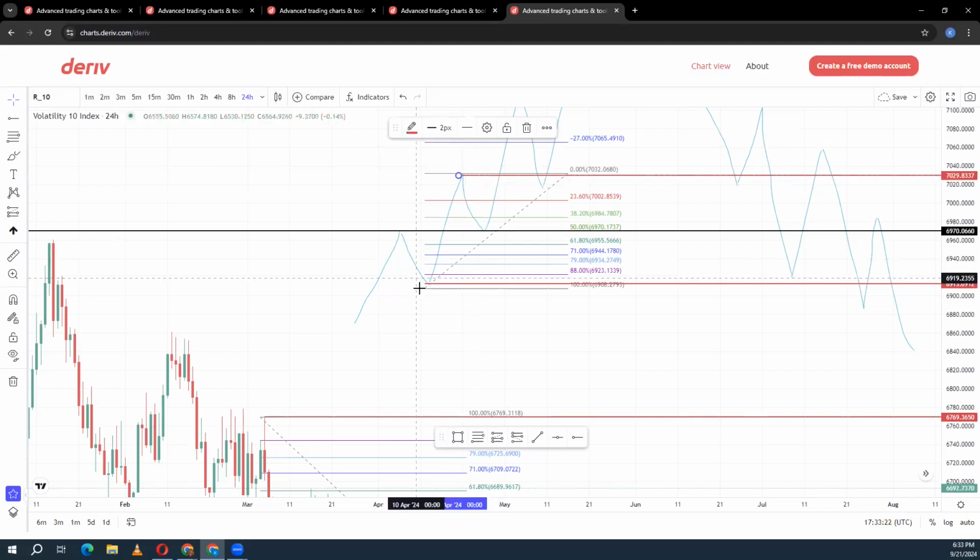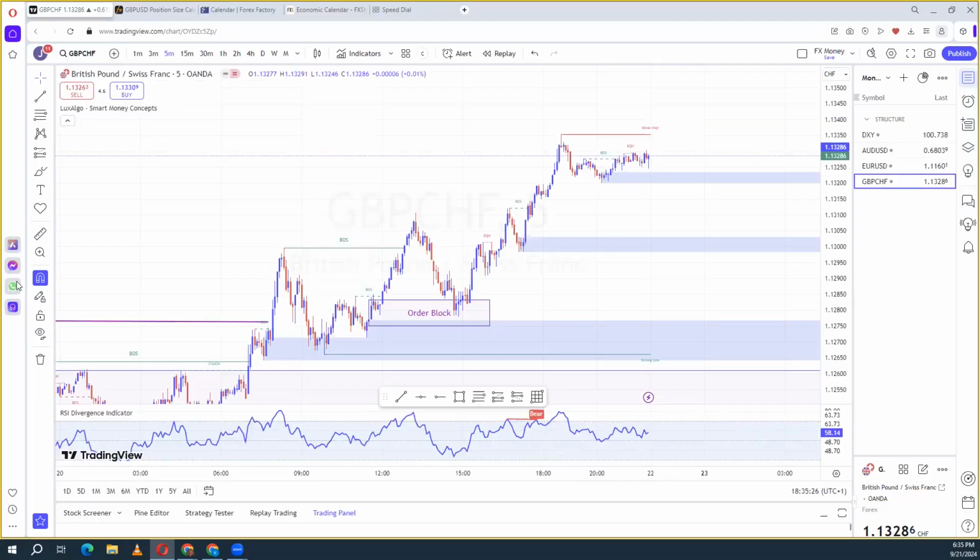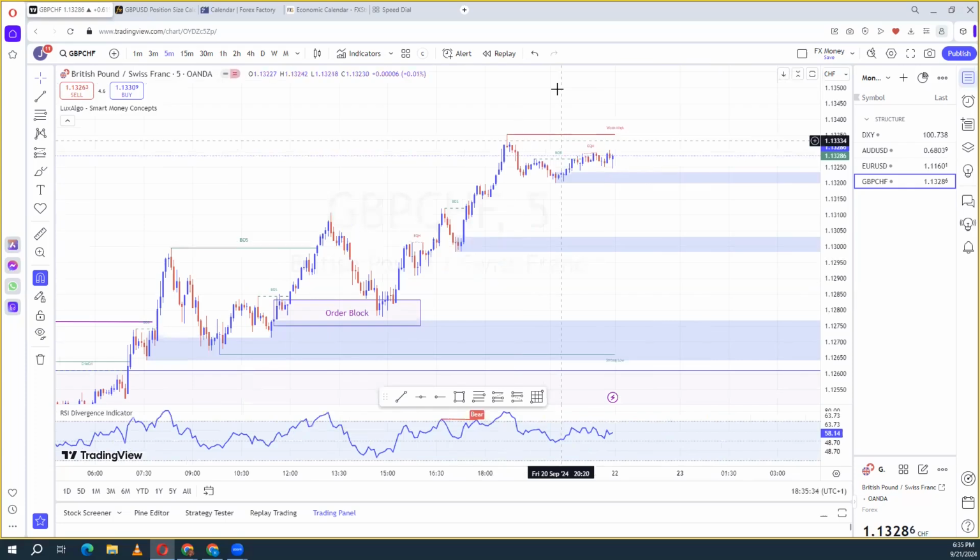Now, the expectation that this lower high that pushed this to the top can't be broken because it is still an uptrend makes this the strong low and makes this the weak high. So you can see it display a weak high here and you have a strong low below. This weak high means it is still an uptrend.